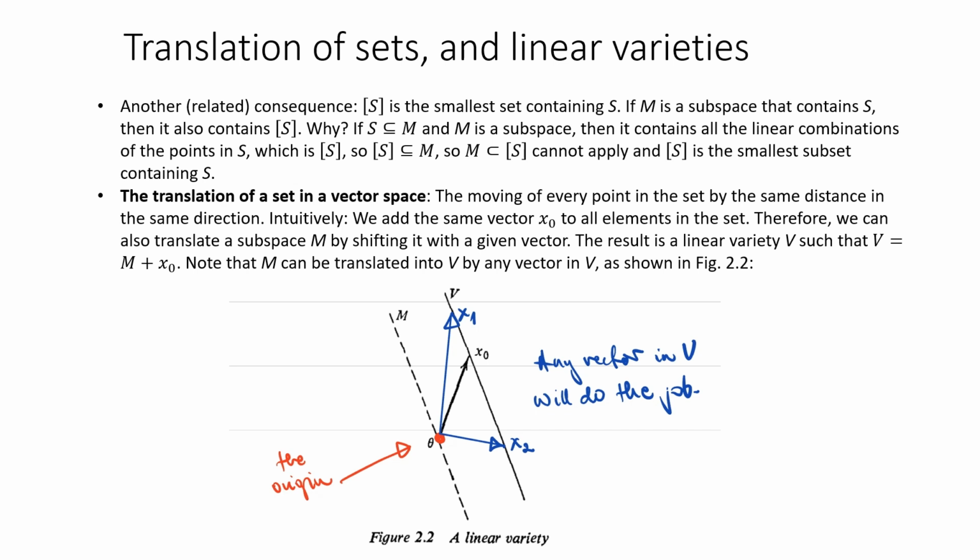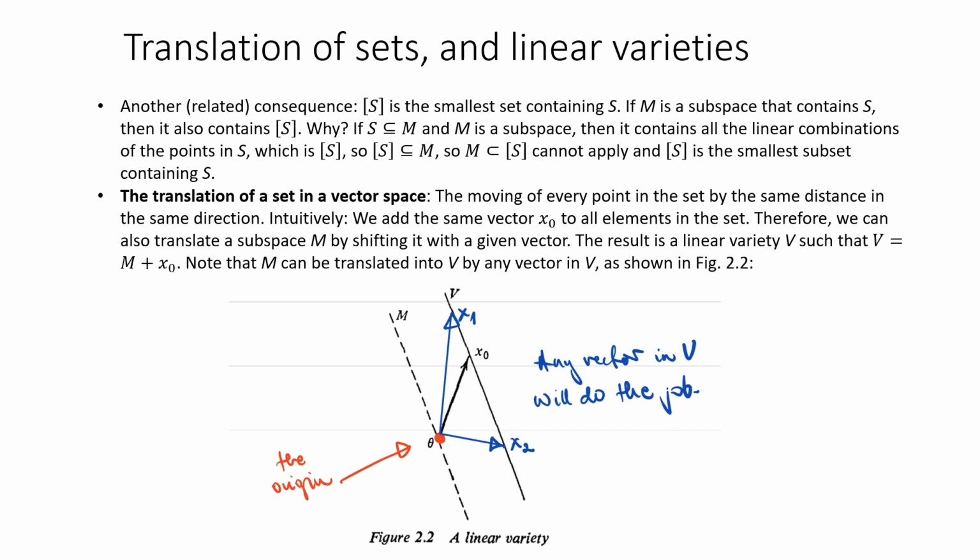Figure 2.2 is very instructive because in this figure we can see that M, which is a subspace, can be translated into V by any vector in V. So even if M is unique and V, the linear variety, is unique, the vector by which we translate M into V is not unique.